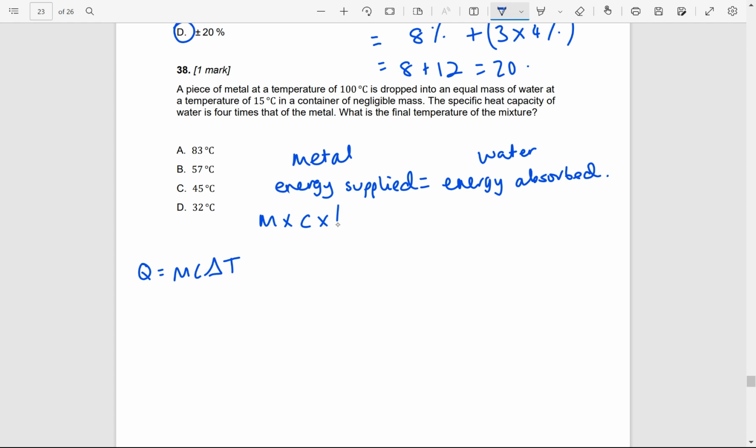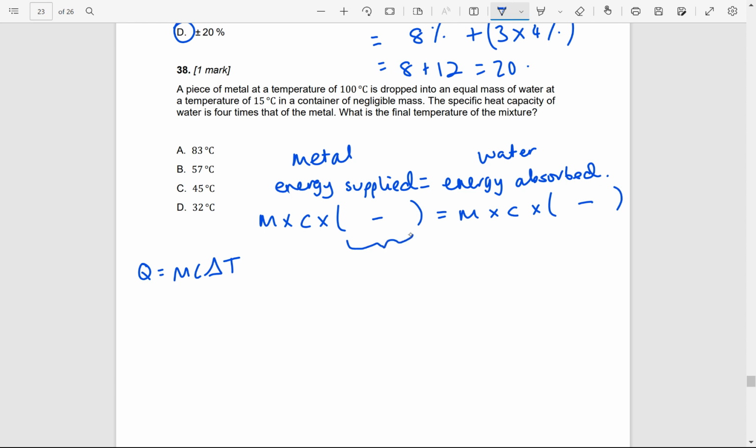So I'm going to go ahead and write that out. So we've got a delta T here, a change in temperature, and this is for the water. We've got one temperature minus the other. All right, and I'm going to now plug in the correct numbers. So a piece of metal at a temperature of 100 degrees is dropped into an equal mass of water at a temperature of 15.